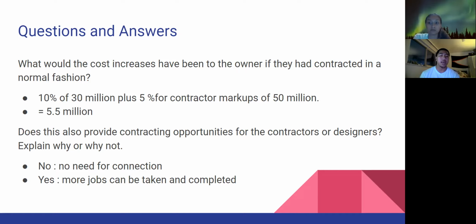And I would say yes, because now that the owner would be taking on more of the risk, it would free up some time for the contractor or the architect to take on more jobs, and they would be completed.